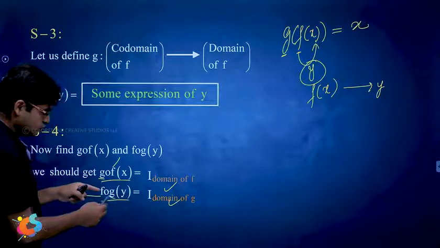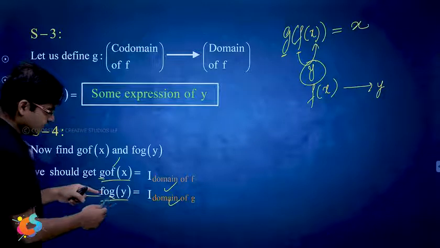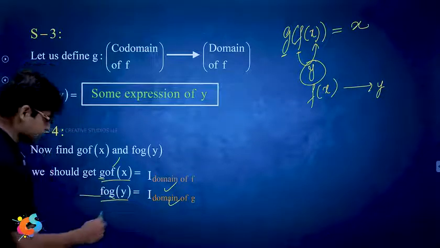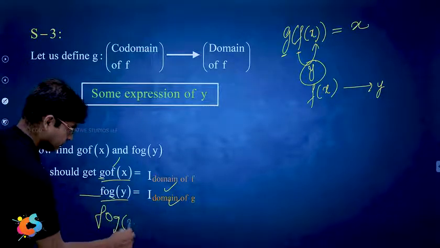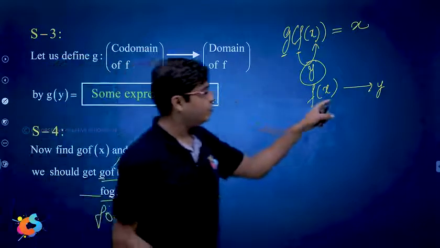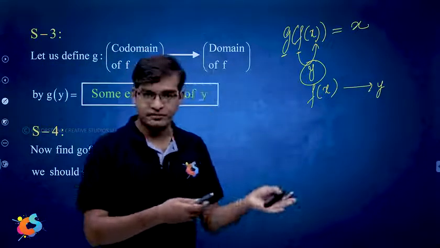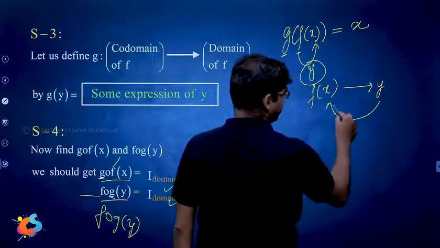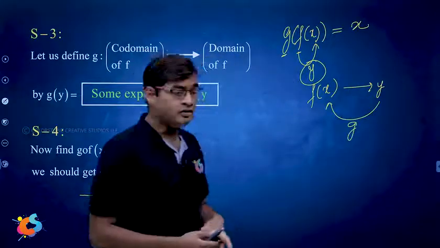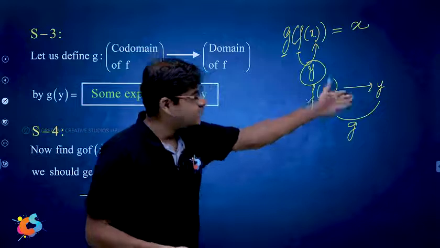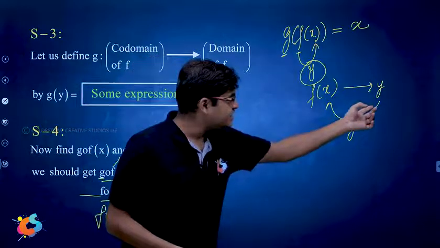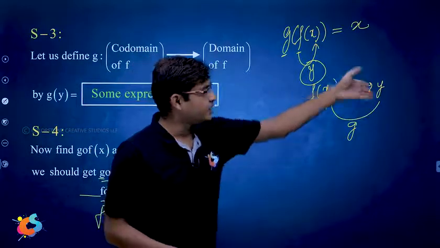In the same way, if you are finding f circle g of y, as we have seen just before, whatever f does, g does the opposite of f. So g is taking y back to x. In a way you can say whatever g does, f is doing the opposite, because if g is taking y to x, f is taking x back to y.